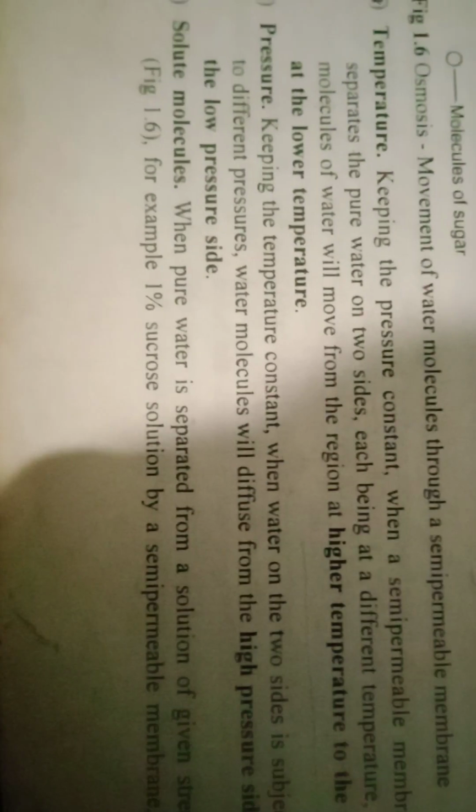Next, temperature: keeping the pressure constant, when a semi-permeable membrane separates pure water on two sides, each at a different temperature, the water molecules will move from the region of high temperature to the lower temperature.